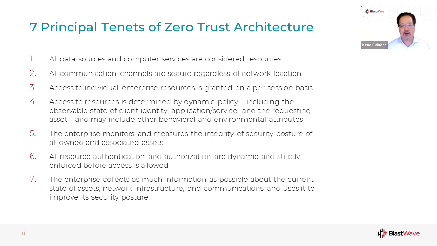And they need to be secured, locked down, trusted, regardless of whether they're inside or outside of your firewall, your perimeter, right? Yeah. At the same time, number 4 says you should be making decisions based on a dynamic policy, including information about the client.